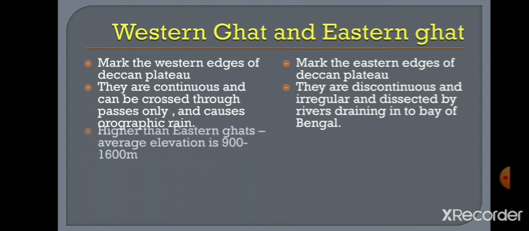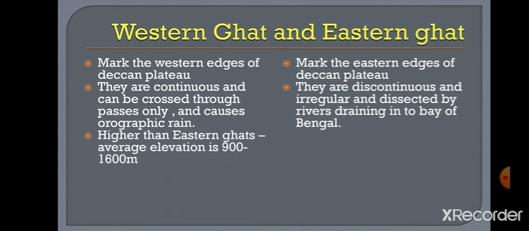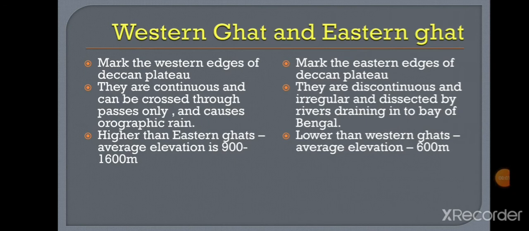Now, according to elevation, the Western Ghat is quite higher than the Eastern Ghat, as its average elevation is 900 to 1600 meters. The Eastern Ghat is lower than the Western Ghat, and its average elevation is 600 meters.